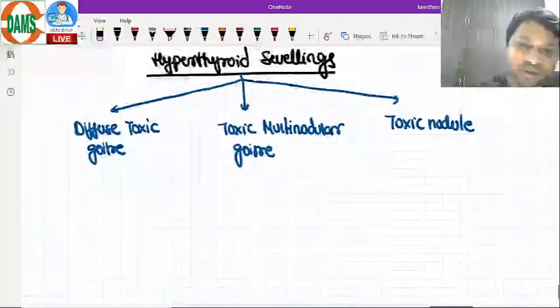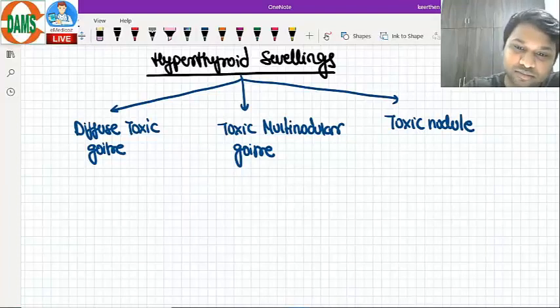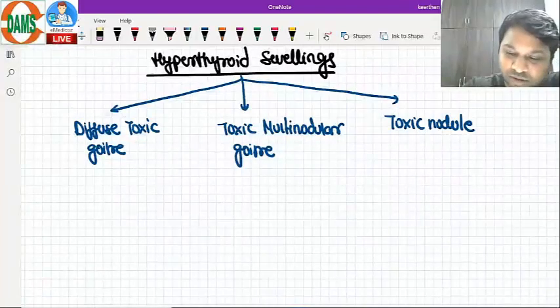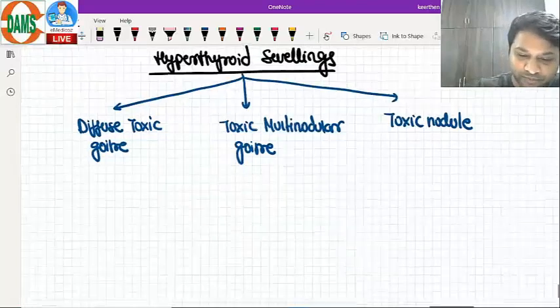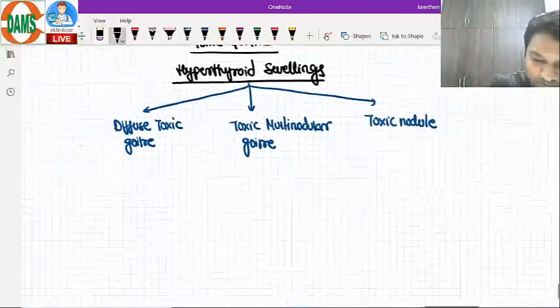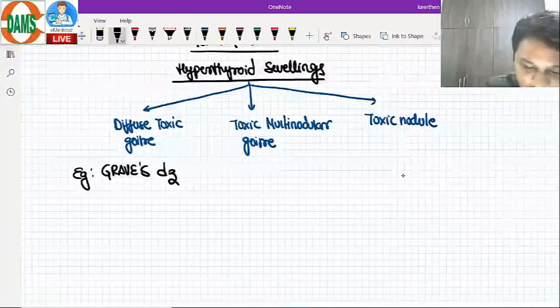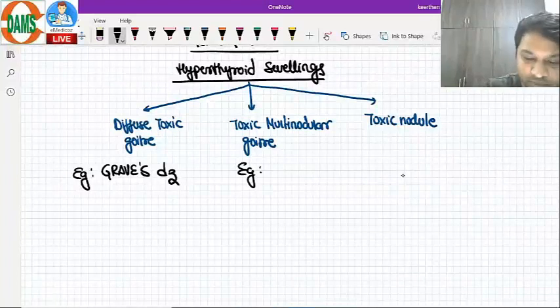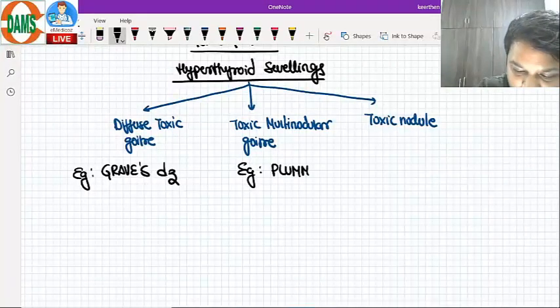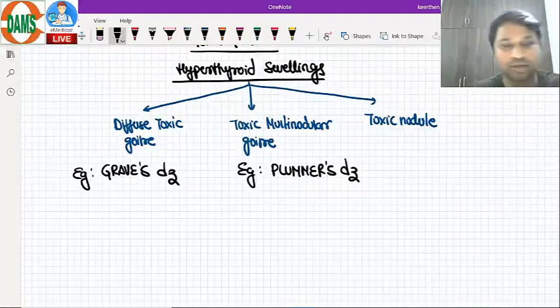So diffuse toxic goiter, toxic multinodular goiter, toxic nodule, right? To understand, I can give an example for each one of them. Diffuse toxic goiter, the example we're going to talk about is Graves' disease. For toxic multinodular goiter, I'm going to talk about Plummer's disease, and toxic adenoma is toxic adenoma, right?